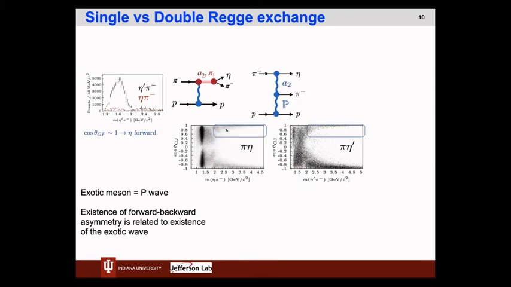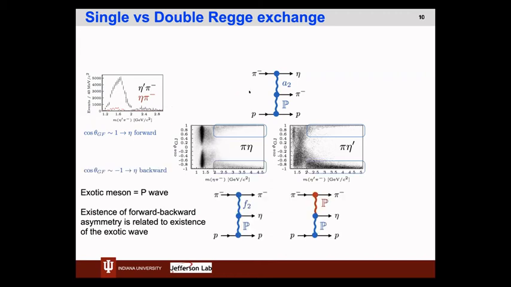And as one goes to this wing area, this can be easily interpreted in terms of the double Regge exchange process. So the forward eta corresponds to exchange of A2 Regge trajectories, and the backward region corresponds to exchange of isoscalars, either F2 or the Pomeron trajectory.